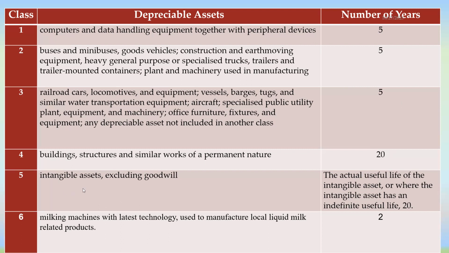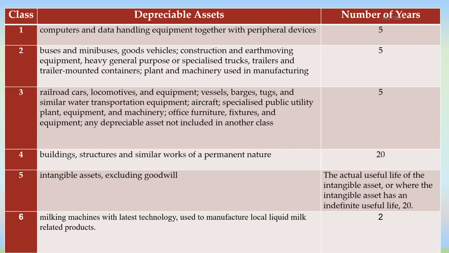But if it is an intangible asset, there are some assets that we can't see, can't touch. For that kind of assets, where the asset has an unidentified useful life, then 20%. The most suitable example for this intangible asset is leasing right.